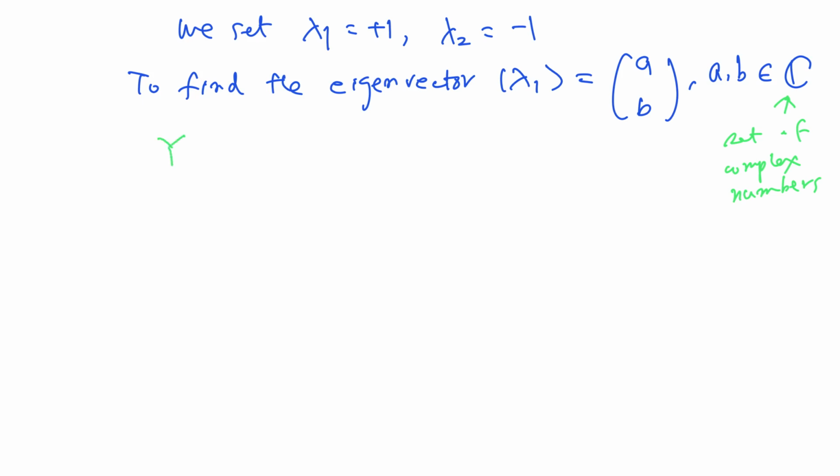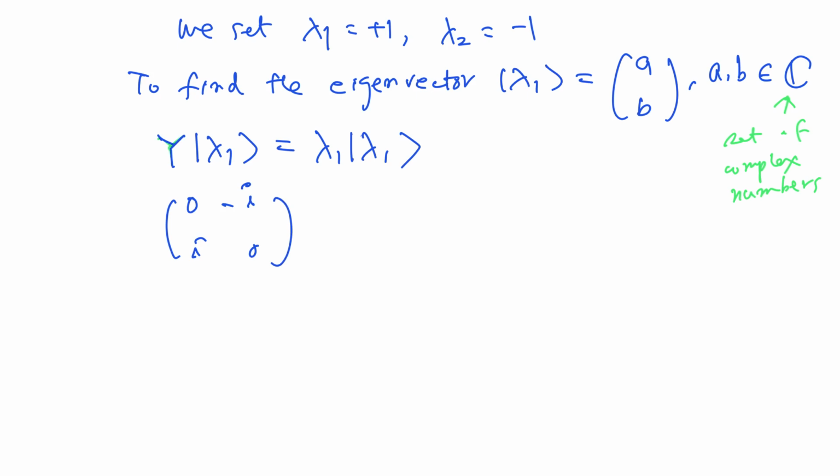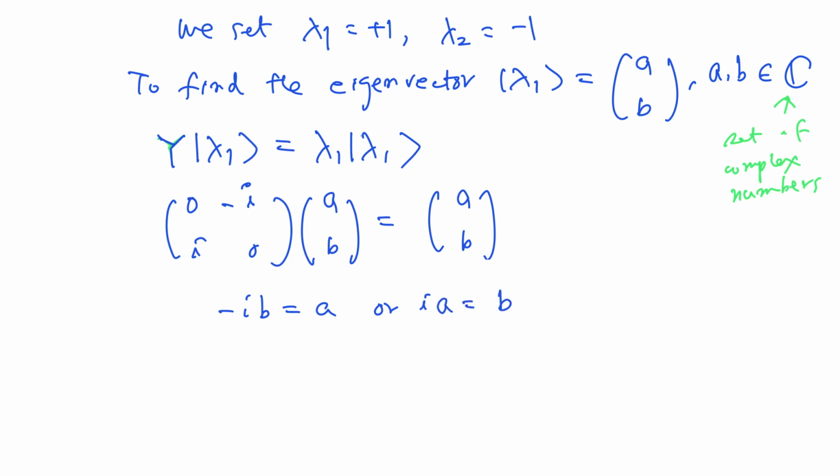So Y times the eigenvector equals lambda 1 times the eigenvector. Lambda 1 is plus 1, so with (0, minus I; I, 0) acting on (A, B), we get minus IB equals A, or IA equals B. It's the same expression, right?